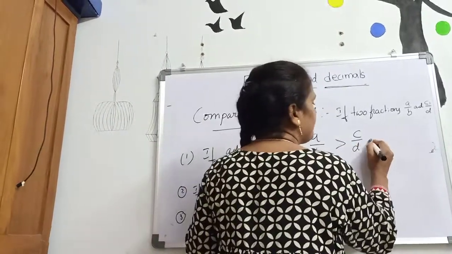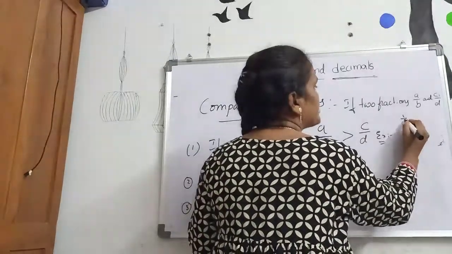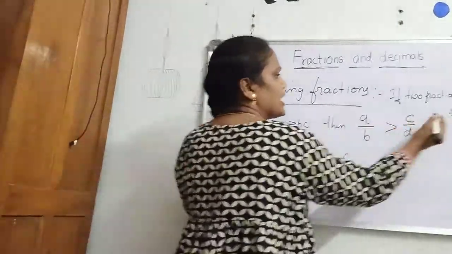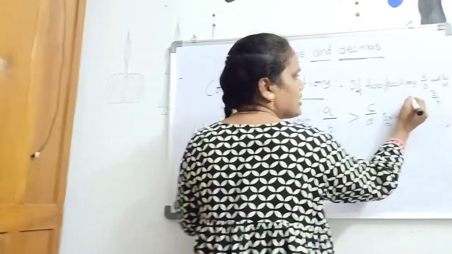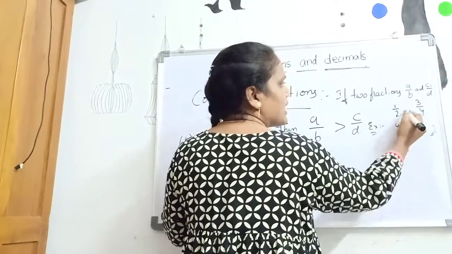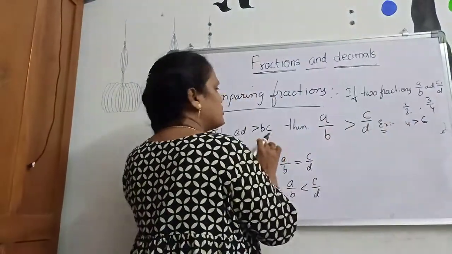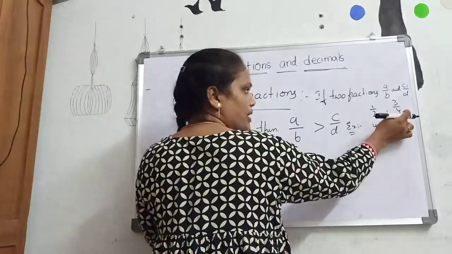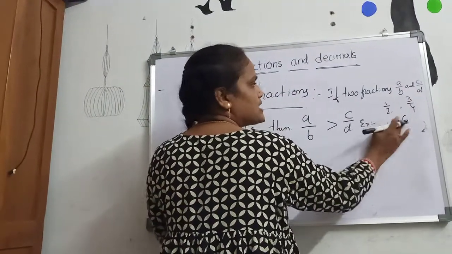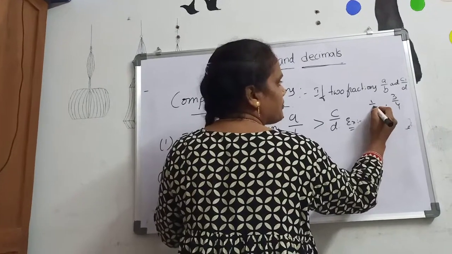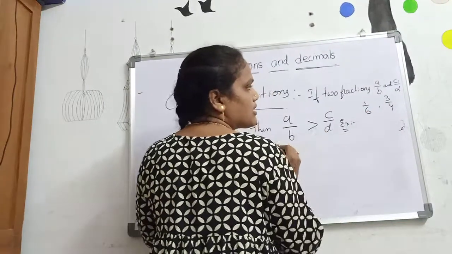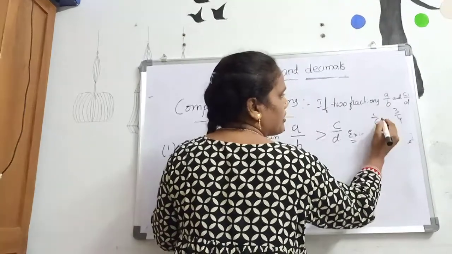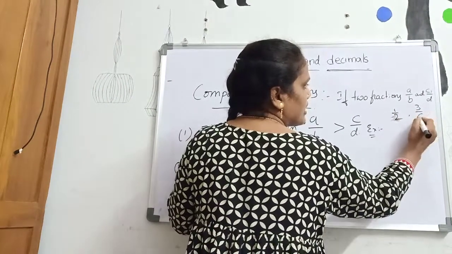For example, 1 by 2 and 3 by 4, two fractions are there. AD means 1 into 4, which is compared with B into C, 2 into 3. Here 4 is less than 6, so 1 by 2 is less than 3 by 4. One more example, 1 by 2 and 1 by 6.